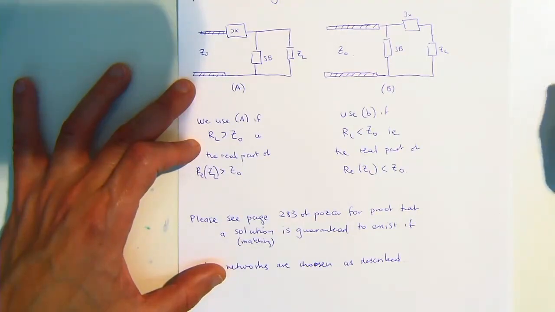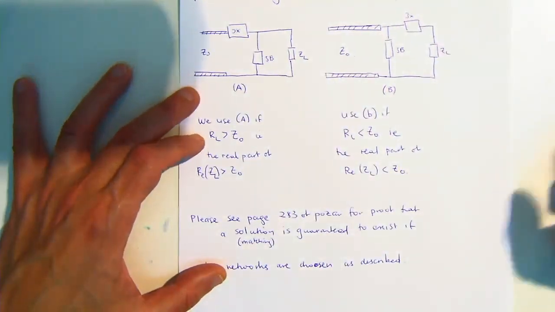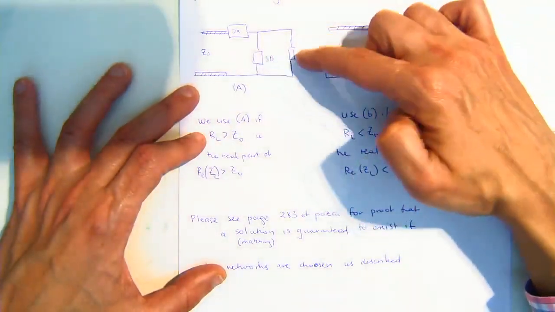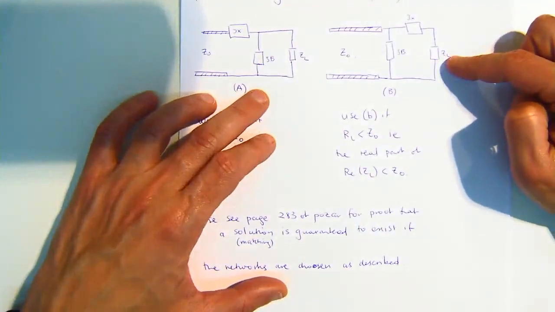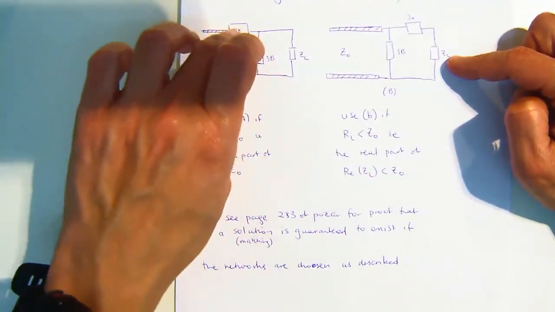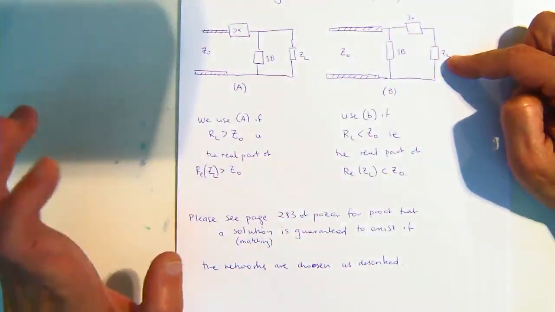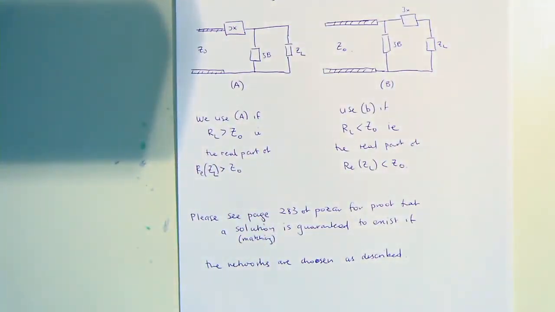The reason why I'm giving you some rules now is that if you choose one over the other, you're always guaranteed a solution, because there could be situations where, for example, if you had a particular load impedance and you chose a shunt series rather than a series shunt, there might not be any capacitors and inductors which will give you a match.